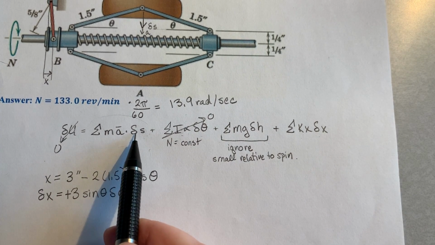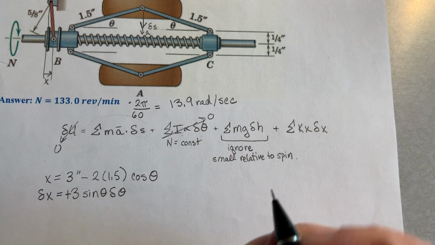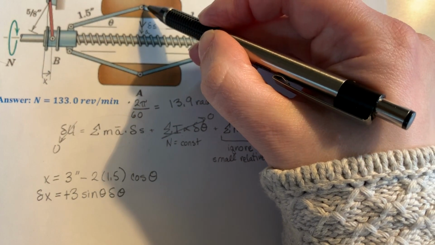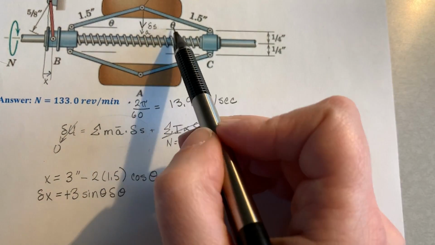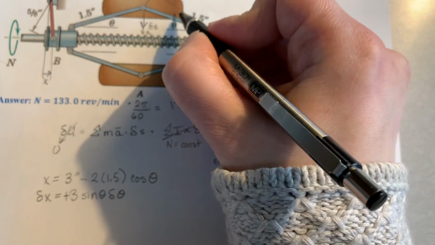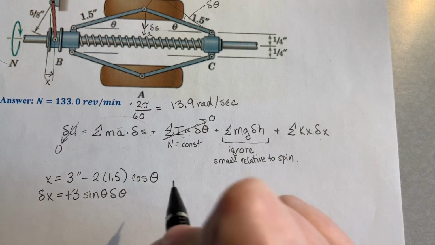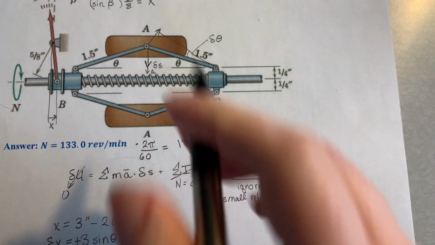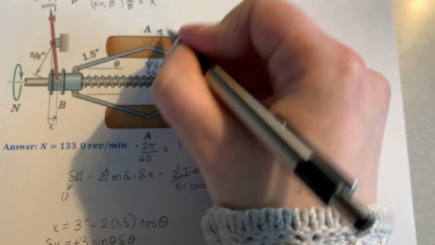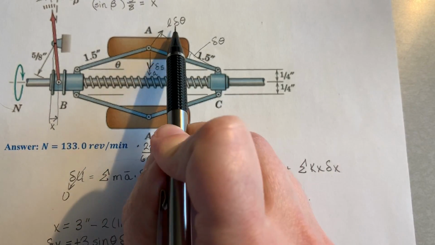All right, so what else do we need? We need this ds term. We can actually draw this here. If there was some variation in theta, this angle here is going to be our change in theta. Sorry, you can't really see that. Then this length change would be L times the variation of theta.